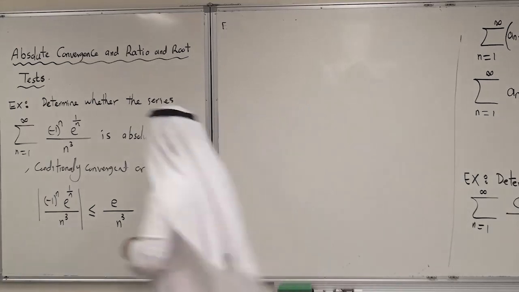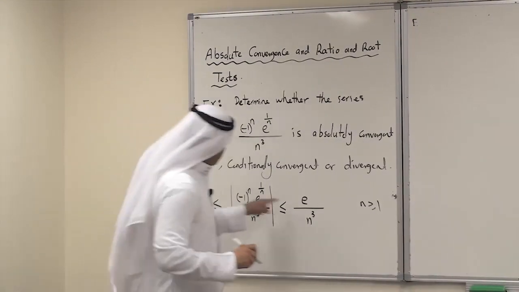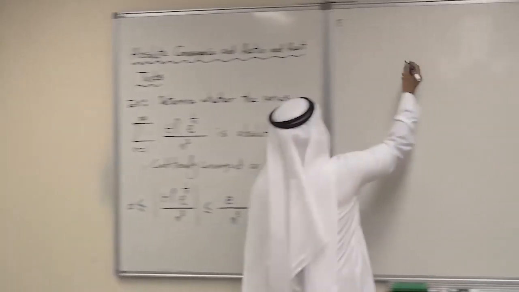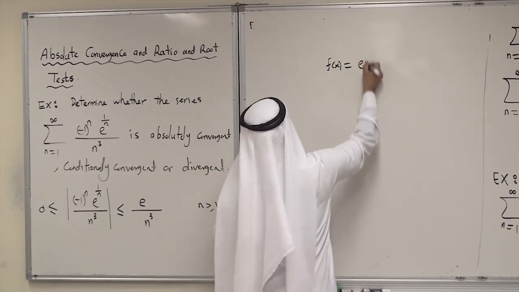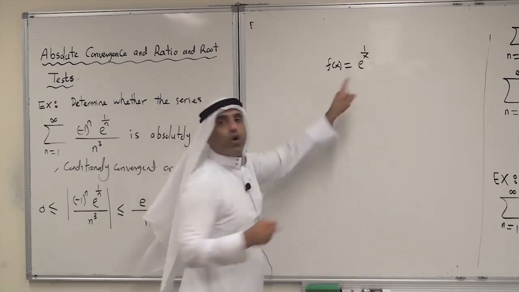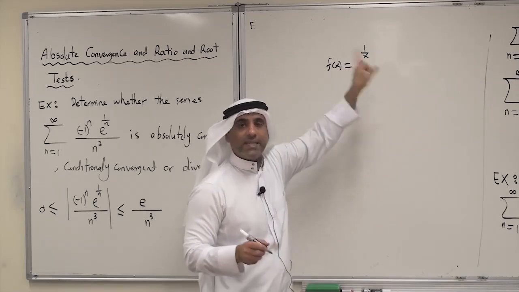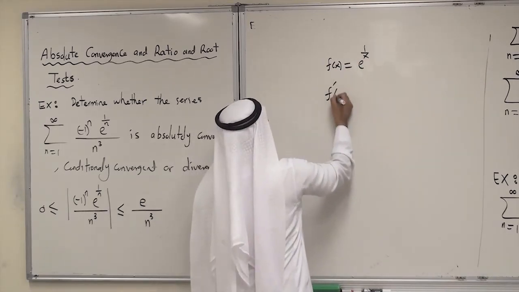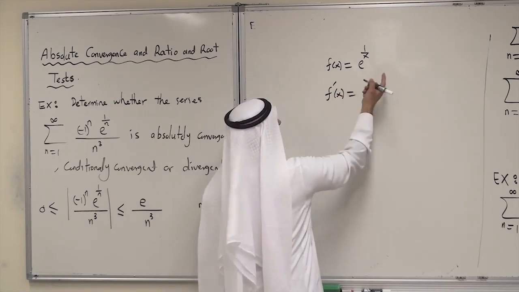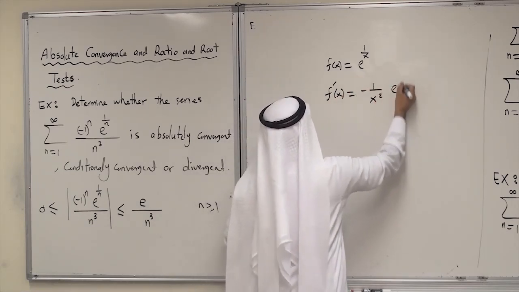We know that this is also greater than or equal to 0 all the time. If I need to prove that if f of x equals e to the power 1 over x, then this is always less than or equal to e, that's what I need to show. The maximum here is equal to e for x greater than or equal to 1. Just use the derivative, f prime of x. What is f prime of x? This will be minus 1 over x squared, e to the power 1 over x.